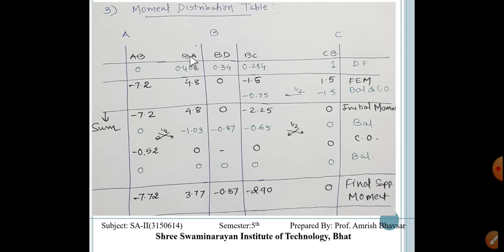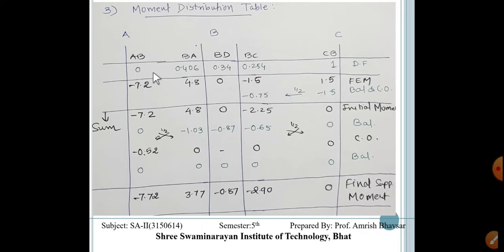Whenever there is this kind of situation, the column is in the center position at the common joint B. Now here AB, BA, BD, BC and CB are there. Now we have a distribution factor for that.